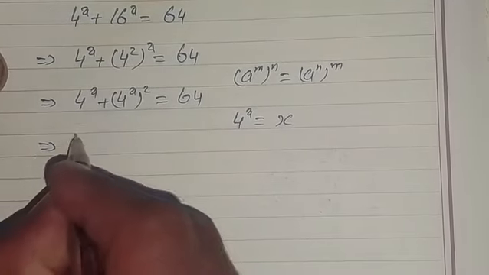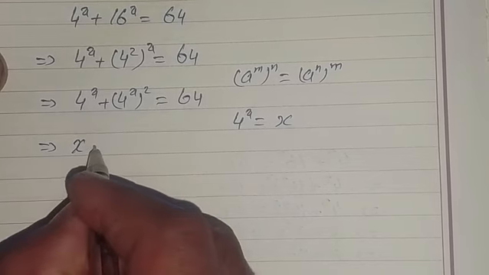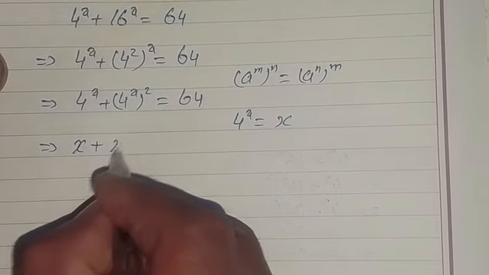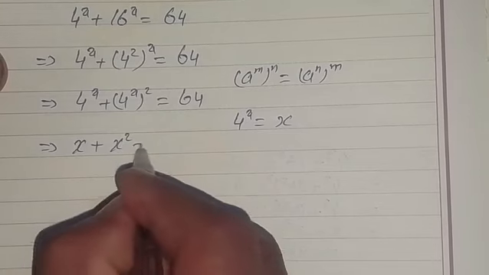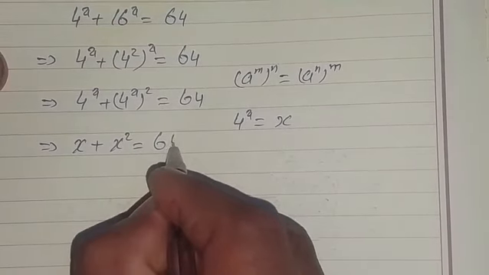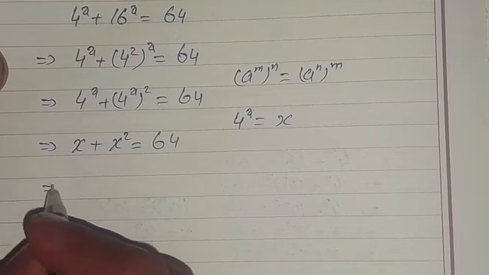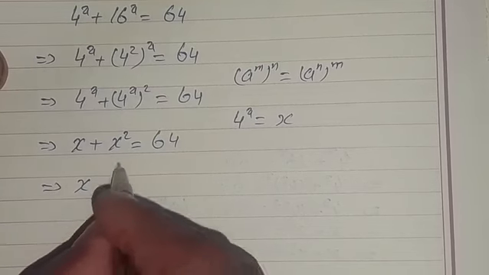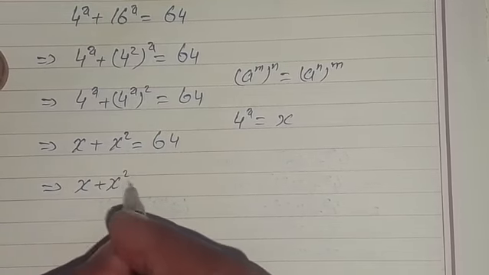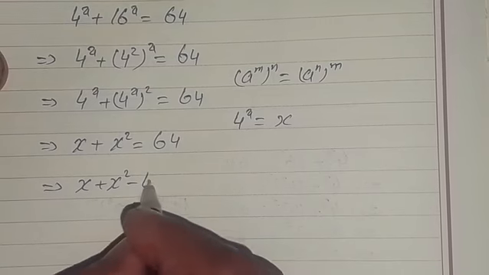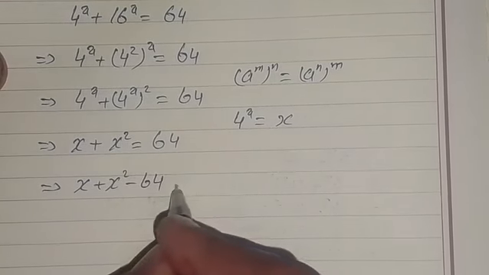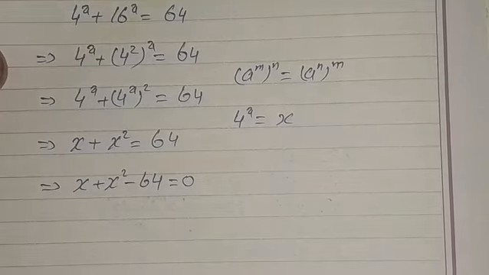Now put here x + x^2 = 64, and x + x^2 - 64 = 0.